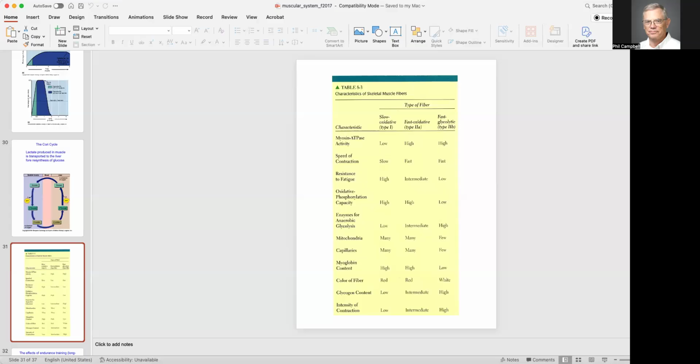Dropping on down, resistance to fatigue: because we're doing oxidative phosphorylation, they are resistant to fatigue. Next, oxidative phosphorylation capacity is obviously high because that's their primary source of energy. Dropping down, enzymes for anaerobic glycolysis are low because that's not what they're designed to do. Dropping on down, mitochondria, which is a source of oxidative phosphorylation, you're going to have a lot of mitochondria.